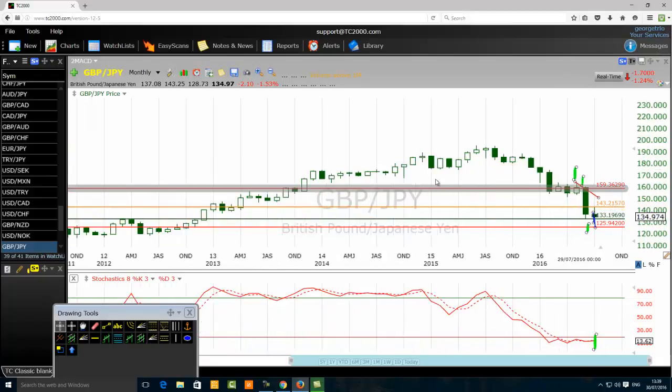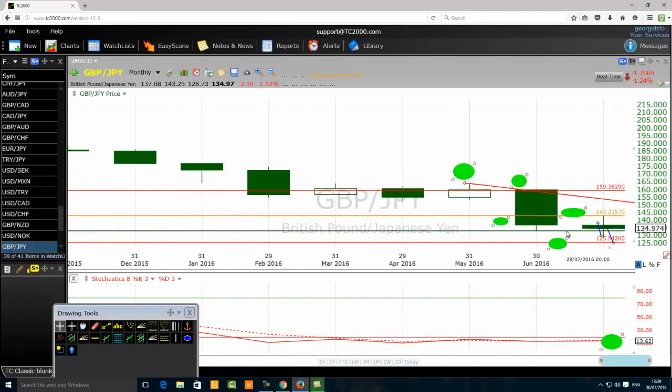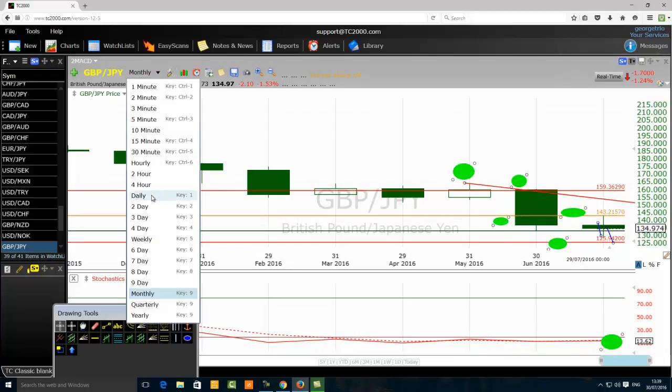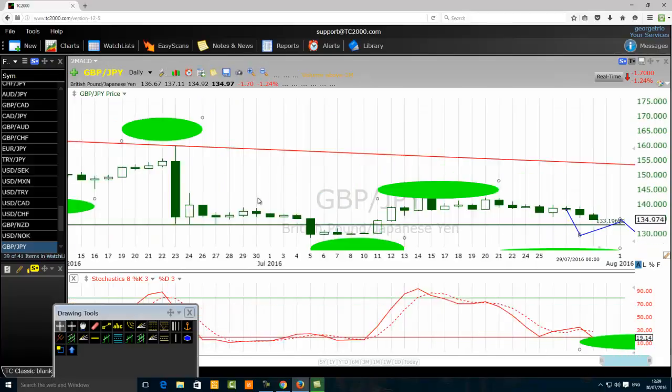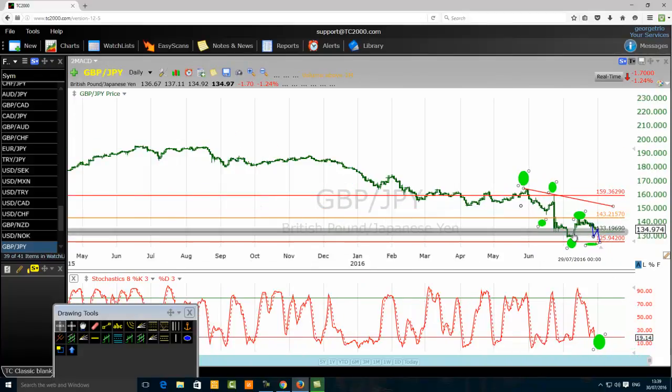That's why professionals managed to sell this pound yen as the price dipped below the median line and retested it here on the daily chart. If they did not know the price structure, they wouldn't have implemented that strategy. All right? Break below, retest. The price structure will determine the appropriate strategy that we must deploy.